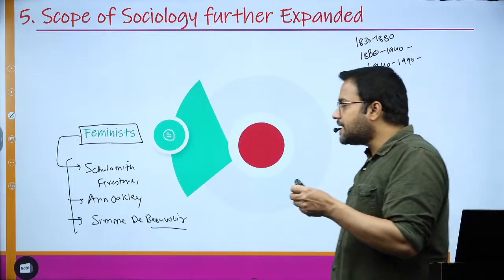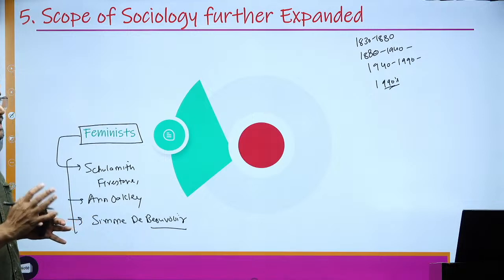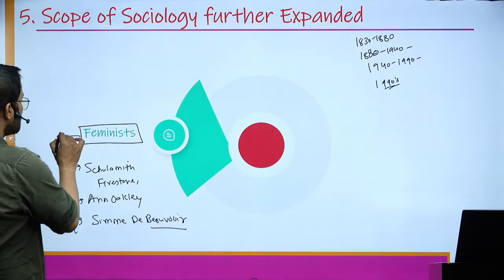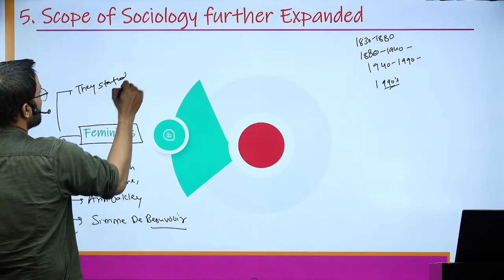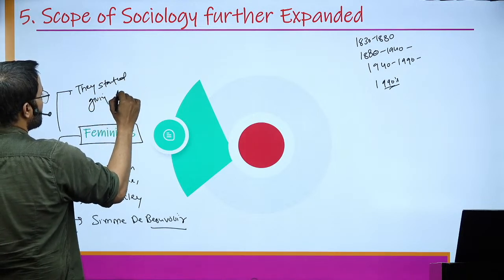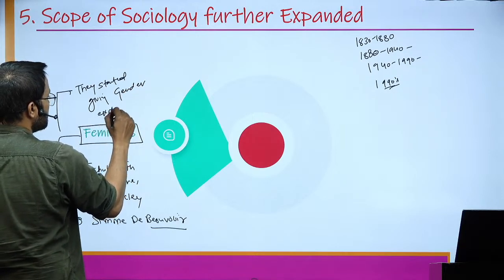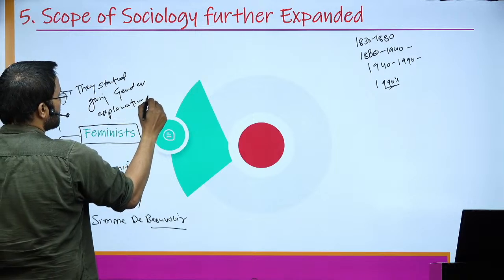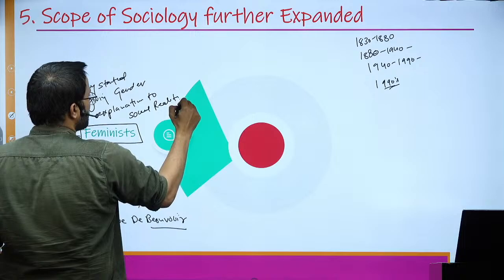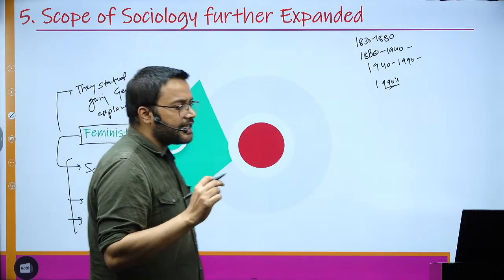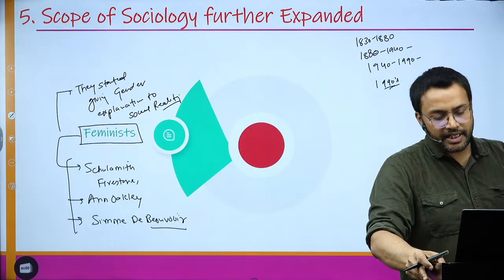So they started giving a gender-based explanation to society, a gender explanation to social reality, that gender inequality is there. Any kind of explanation that they were giving, they were focusing upon gender inequality.